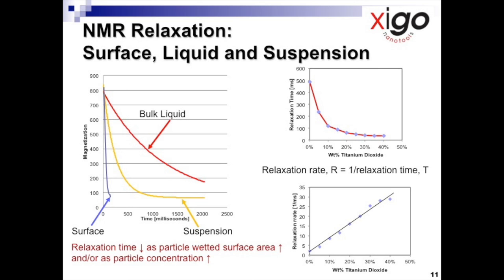The example given here is for an aqueous dispersion of a 100 nanometer titanium dioxide. The biggest change, shorter relaxation time, occurs for high concentration suspensions. For repeatable measurements, it is important to know the concentration fairly precisely, especially the more dilute a suspension.